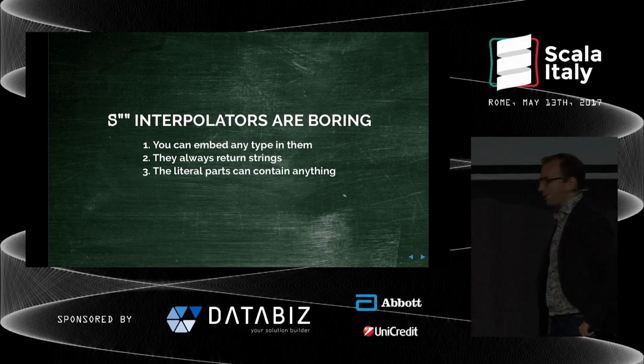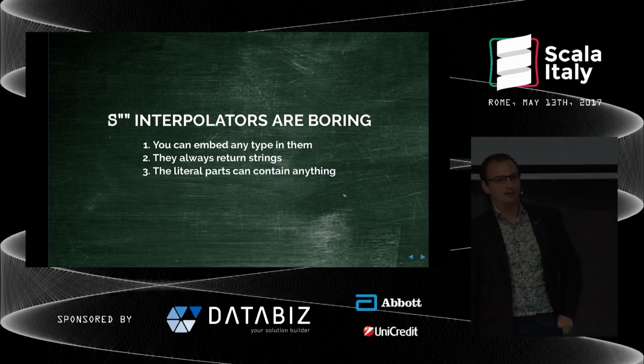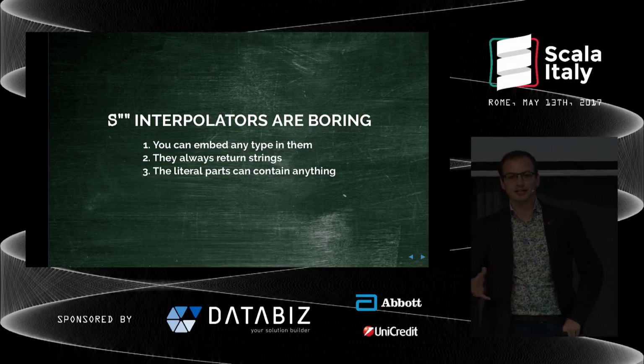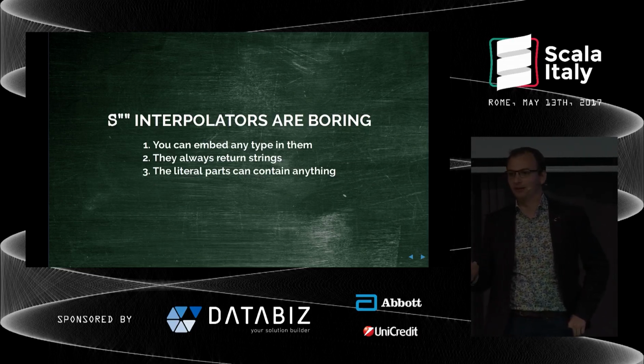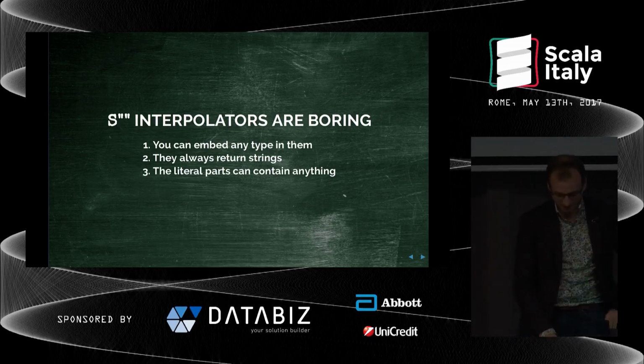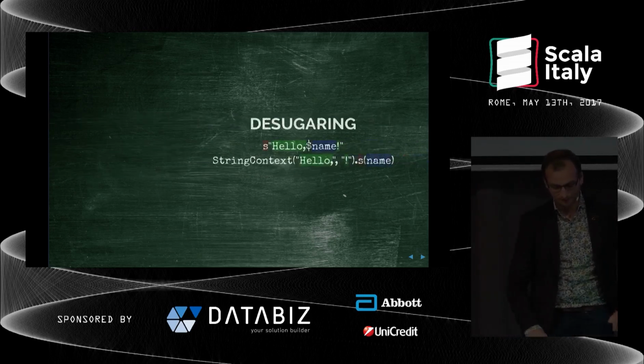And the third point, which maybe is obvious: you can put any content you like into that string. Any characters can go into that string in any order, and the compiler will be fine with it. So like I said, this is an obvious point, but it becomes relevant later on.